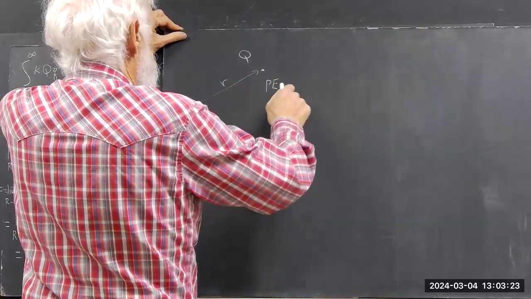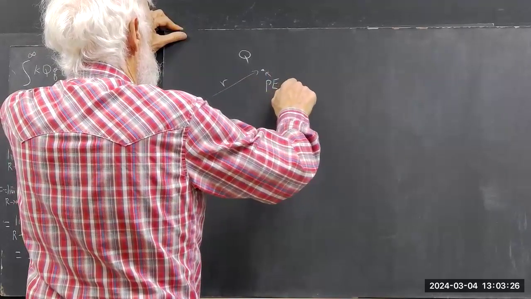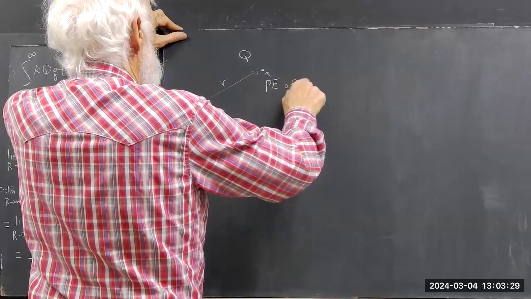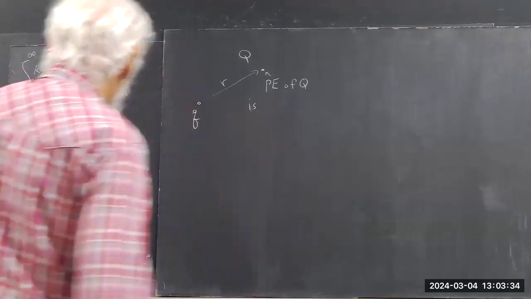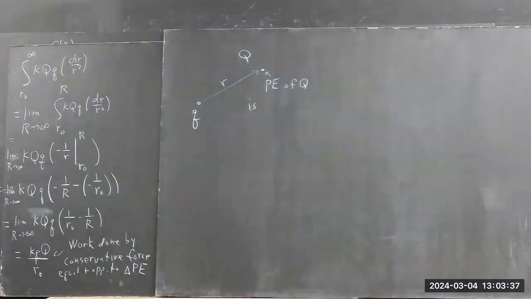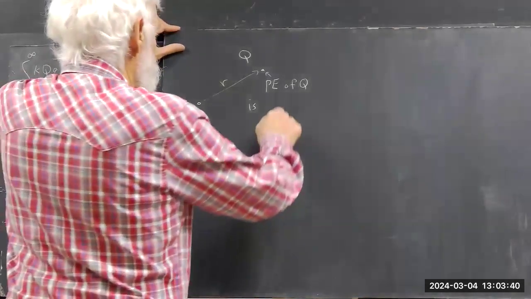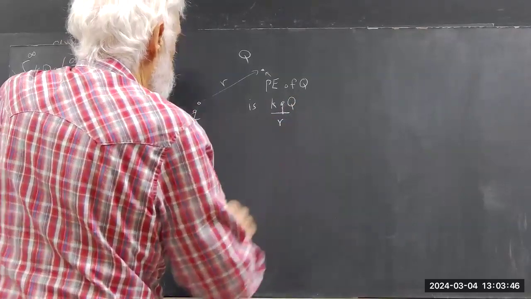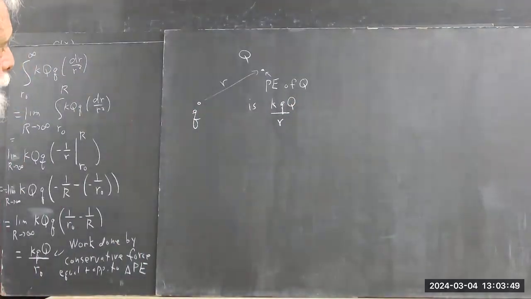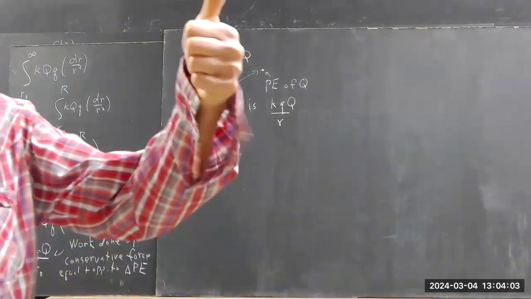This is distance R. And well, potential energy here is, I'm going to write K little q big Q over R. Is it K little q big Q over R, or negative K little q big Q over R? Tell me positive, negative.